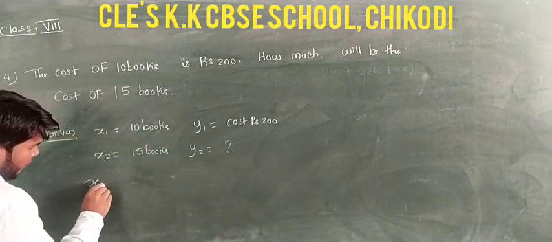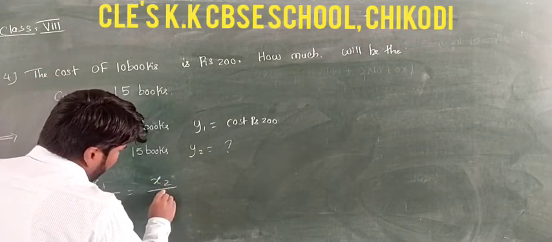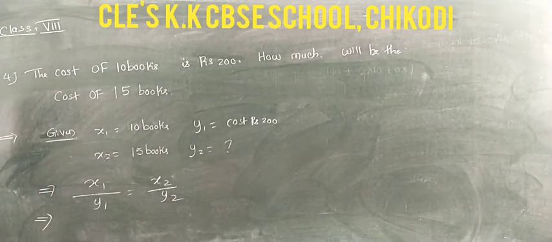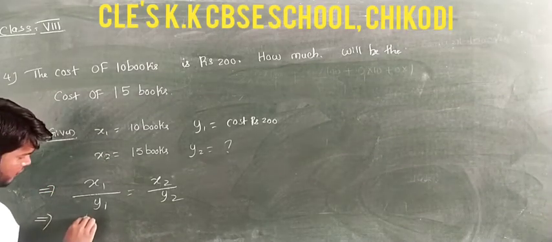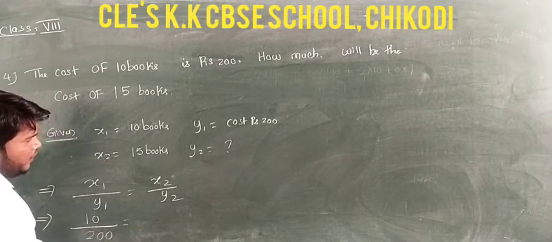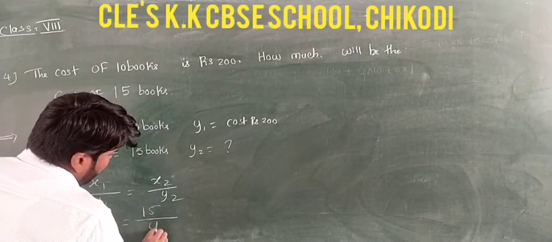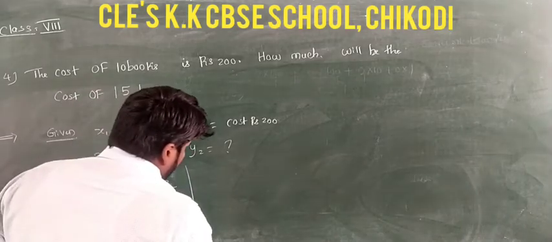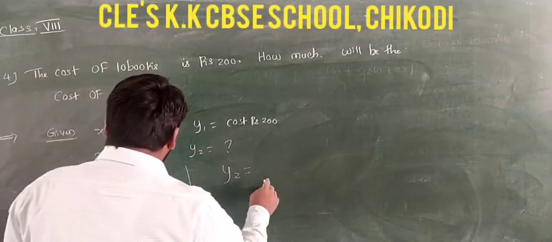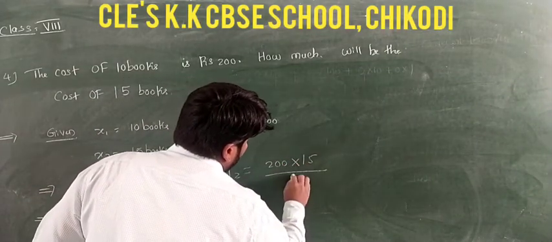Now we have the formula, x1 by y1 is equal to x2 by y2. They have given x1 as 10, y1 as 200, and x2 as 15, and y2 we are told to find. So cross multiply: y2 is equal to 200 into 15 whole divided by 10.